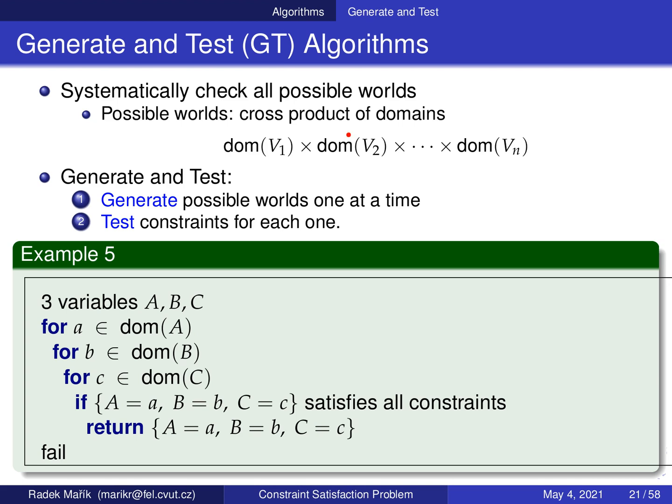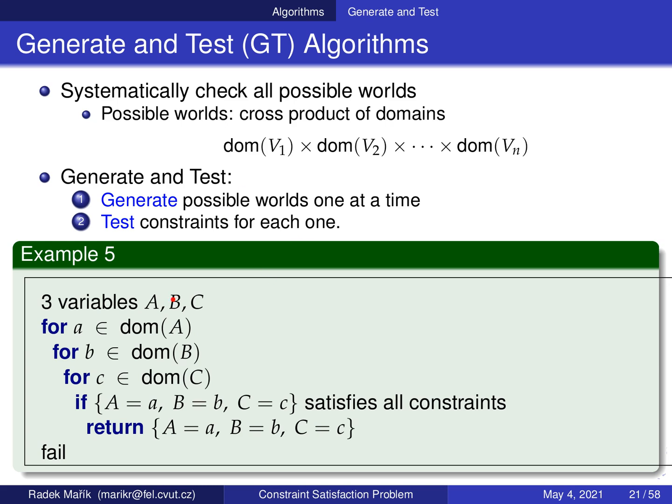In other words, you create a cross product of all domains. You create every possible combination of values for all those variables, and then accessing each configuration one at a time, you test the constraints. If not all constraints are satisfied, you continue in the generation.